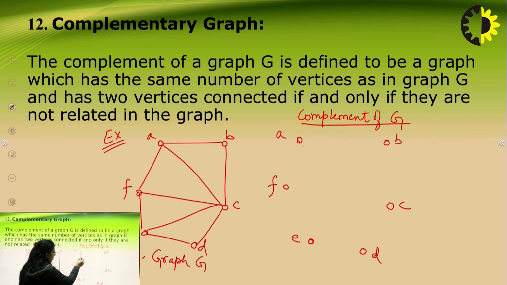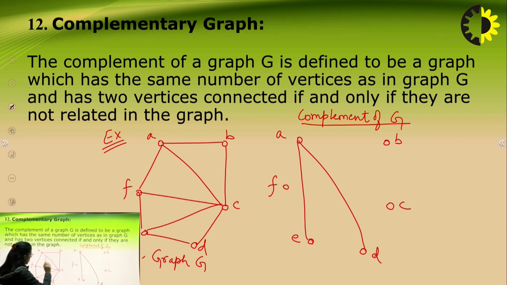So here let's add one edge. Again, A is not connected to E also. So this is how it is shown.